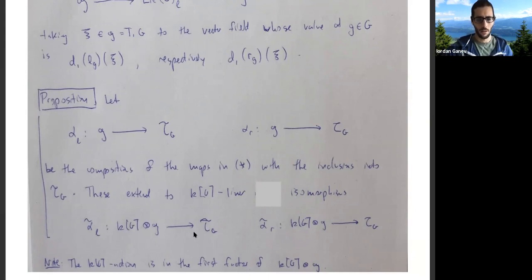And the vector fields on G form a Lie algebra, and also a K[G] module, because those are just derivations from K[G] to itself. And so there are two different isomorphisms between all vector fields and this free module.